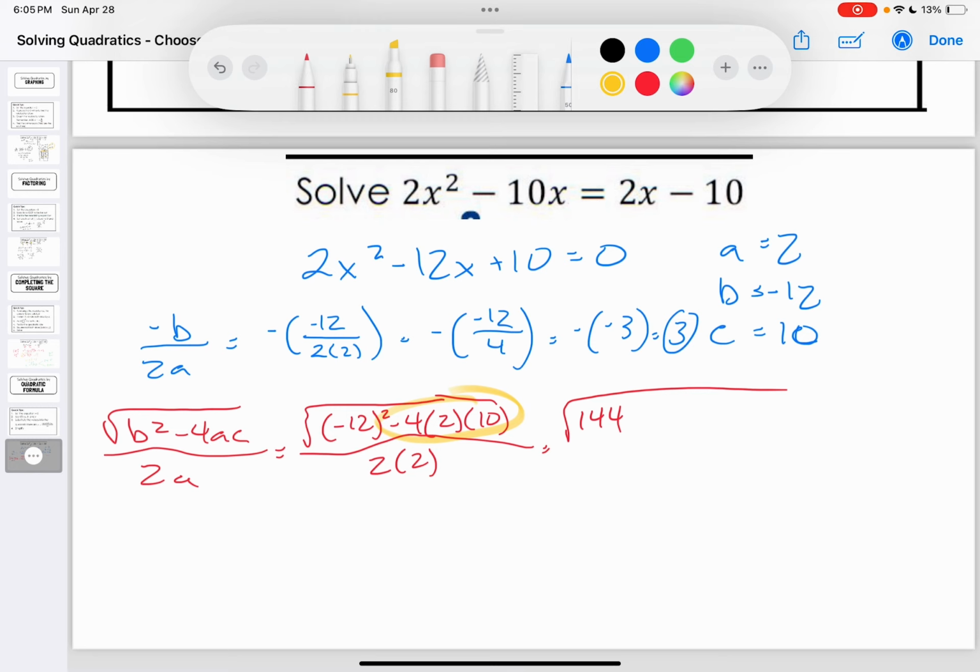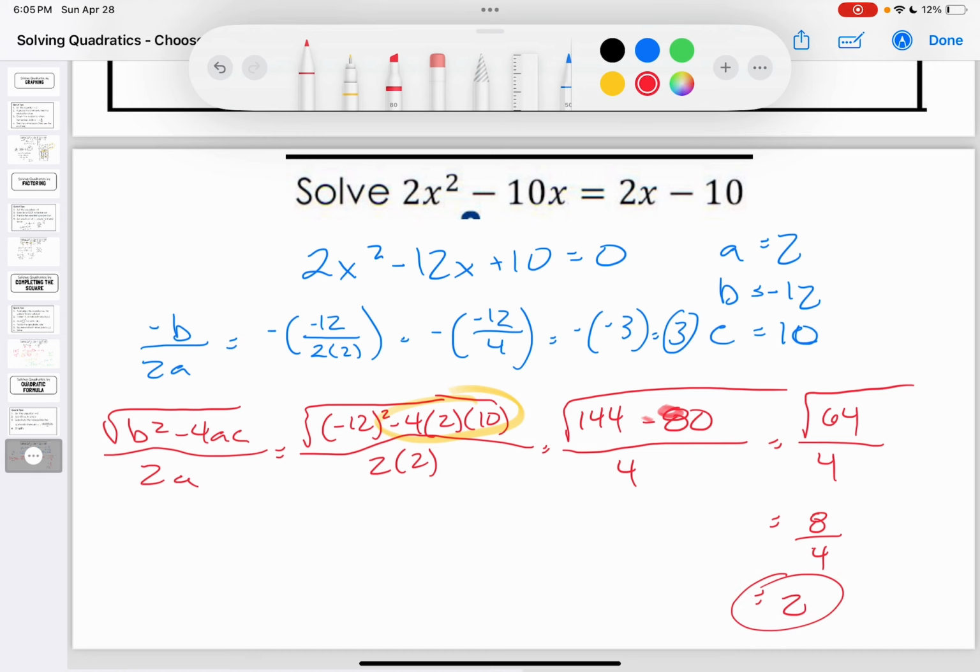Negative 4 times 2 is negative 8, and negative 8 times 10 is negative 80, all over 2 times 2, which is 4. 144 minus 80 is 64 over 4. Square root of 64 is 8 over 4, which is 2.